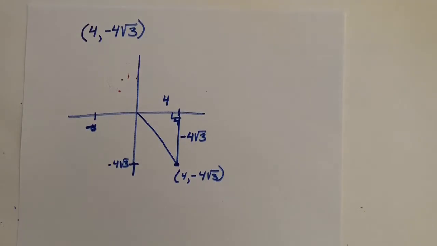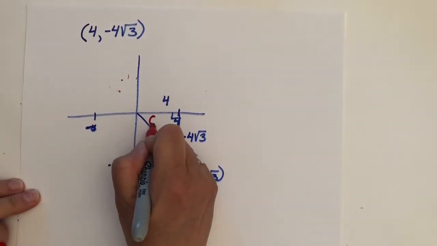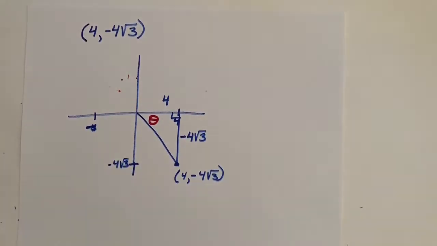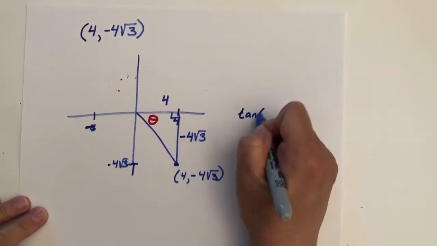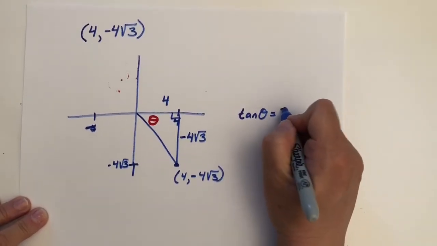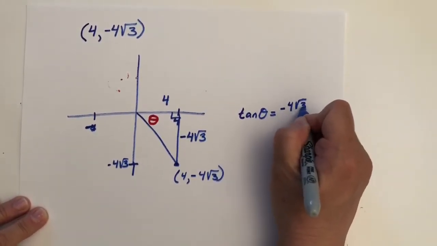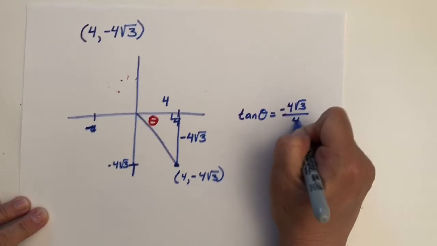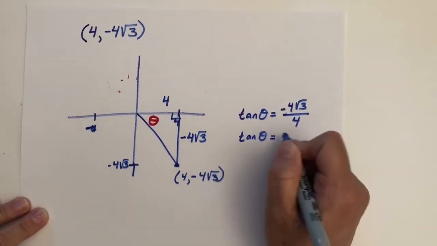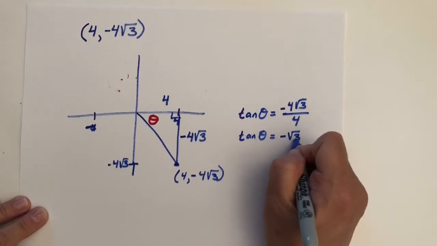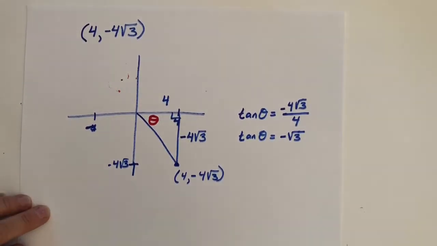If you don't, suppose you didn't know, and you just represented this as theta, you could write tangent of theta equals -4√3 over 4. And we have tangent of theta equals negative square root of 3. And I hope that now looks familiar to you.